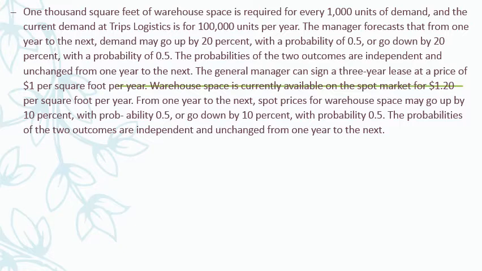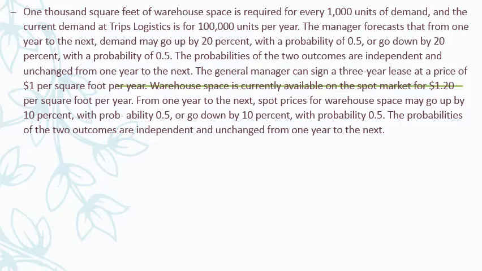So 2 by 2, that means there are 4 combinations now. What is the probability of each combination? Each combination is 0.5 into 0.5, that is 0.25, 50% of 50%, that is 25%, nothing but 0.25.